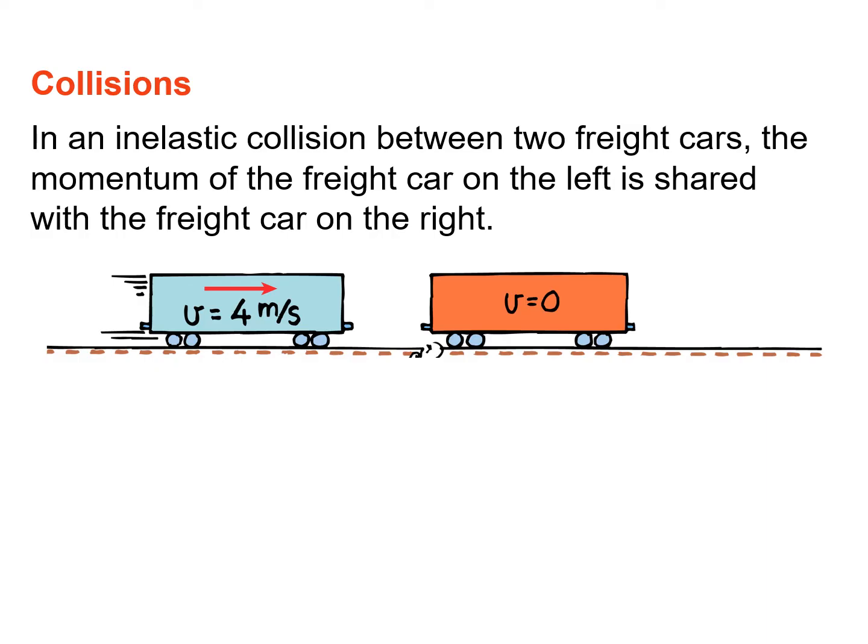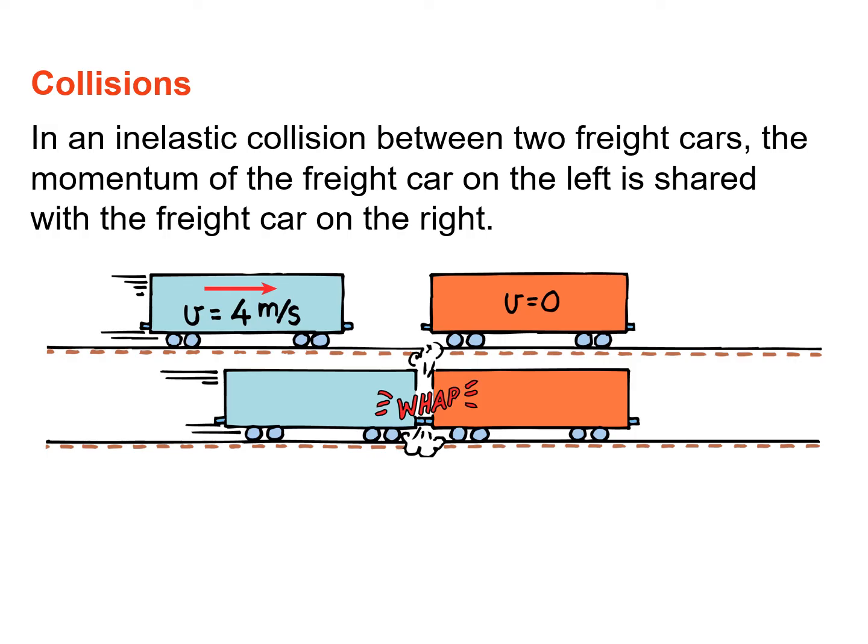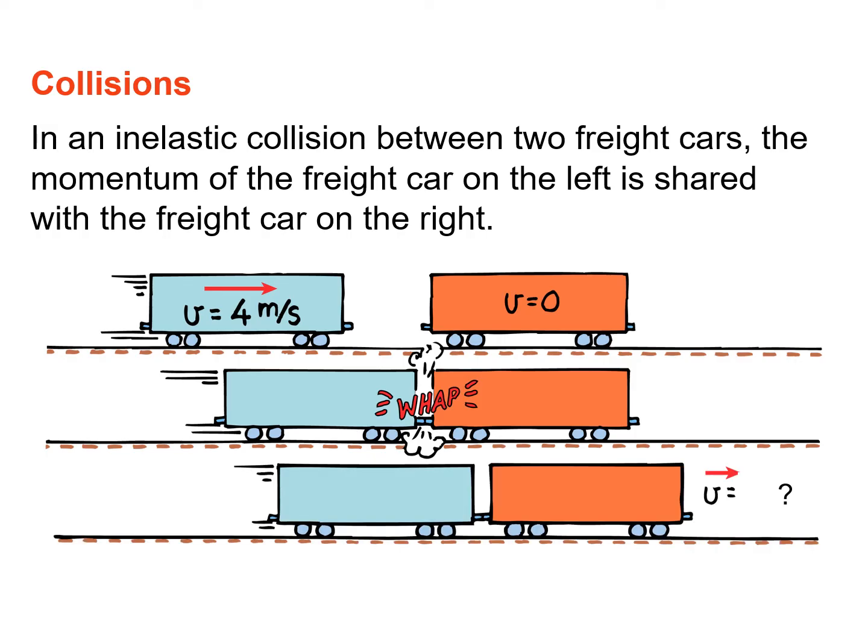Well, if they weigh the same amount, they should be going half the speed after the collision, right? Because the mass will go up, the speed will have to go down proportionally. So when they hit together and stick together, we expect that speed to be half of the blue car's speed. You could figure that one out just by a little puzzling.